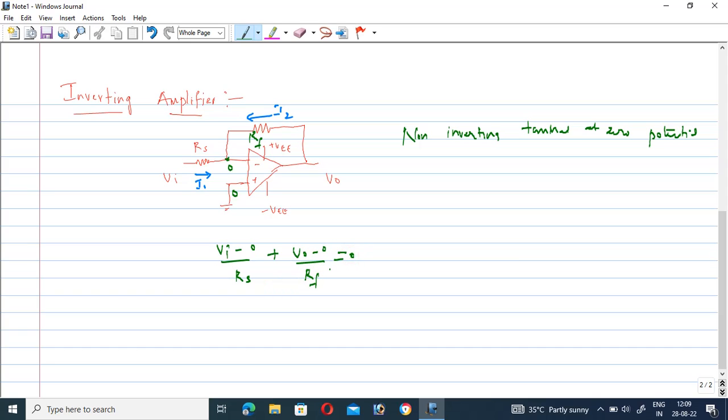So from this, Vi by Rs plus V naught by Rf is equal to 0.